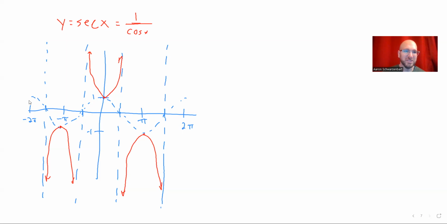I'm assuming you can figure out that cosecant's going to be pretty similar, except instead of sketching in cosine, we're going to sketch in sine.